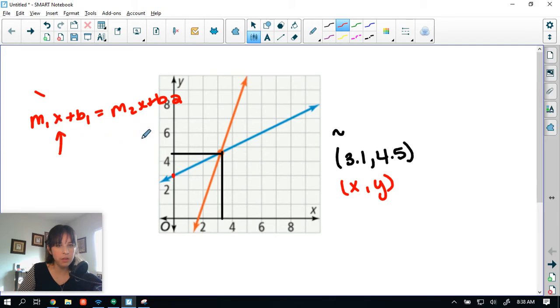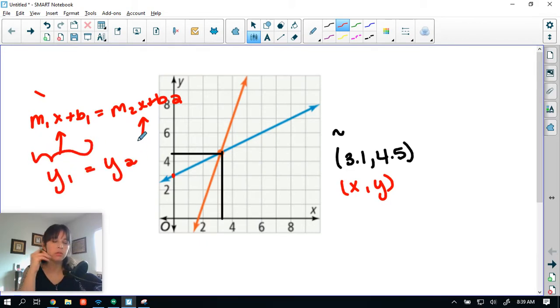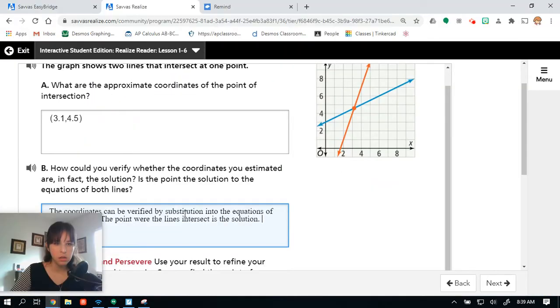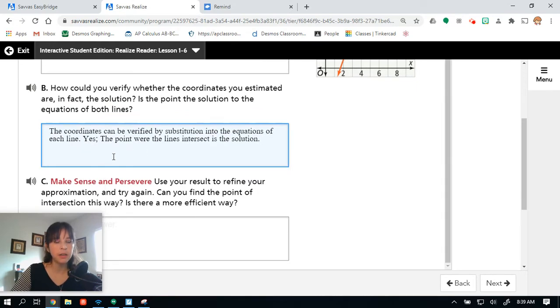We're looking to solve the x value here. And if the solution is correct, this is y1. y1 should equal y2. So if this is correct, then that point is when we satisfy our equation. That's when we have found an x value that makes this equation true. And that's what this is saying here. So that intersection point is a solution to the equation.